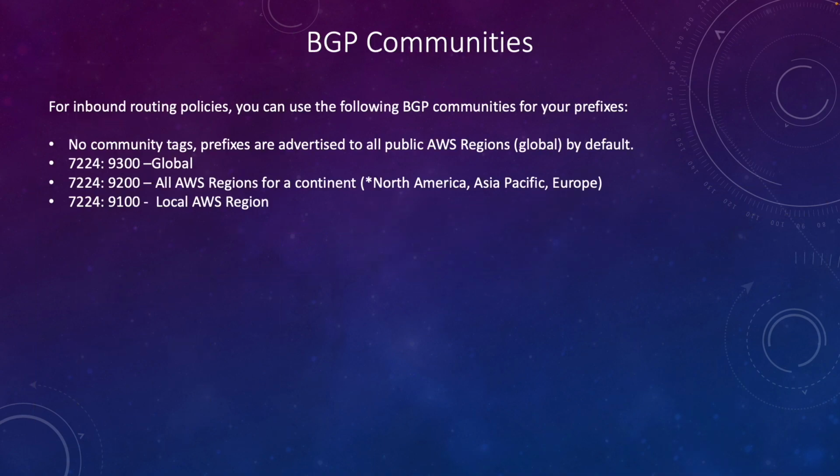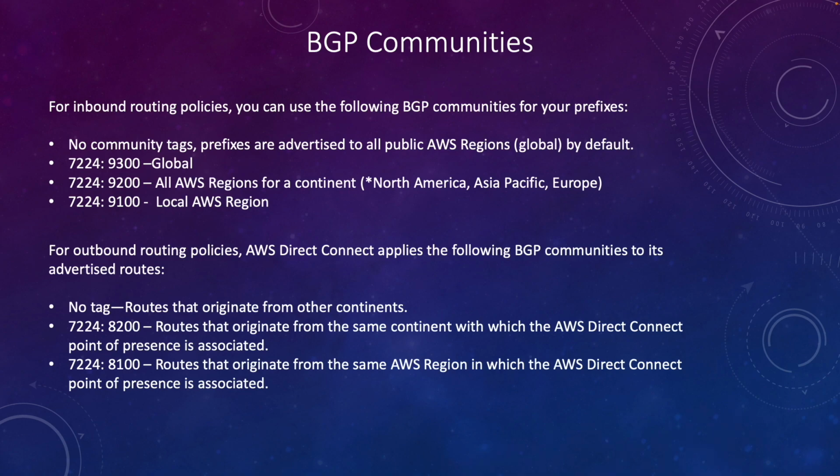Next, let's talk about the BGP community. We have different BGP communities to control to what extent your advertised public IP addresses can go, and similarly, what IP addresses you want to learn from AWS. So let's first talk about the IP addresses you advertise to AWS. By default, they get advertised to all the AWS regions, but you can control it.